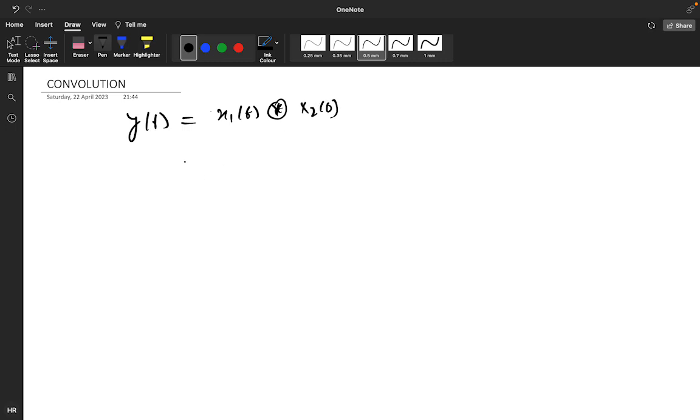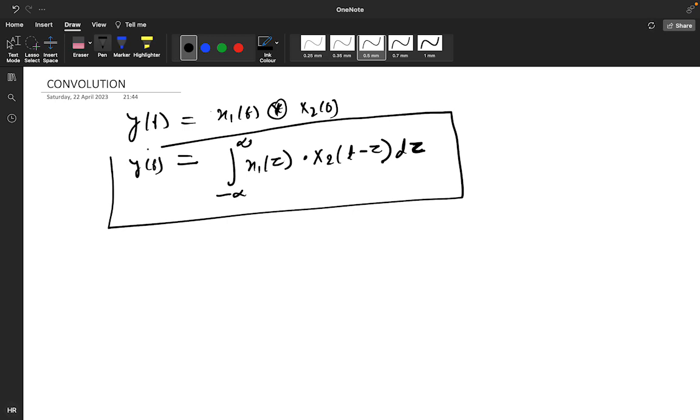What is the meaning of this? You are integrating from minus infinity to infinity, x1 of tau into x2 of t minus tau into d tau. Okay, so this is your y of t convolution formula.